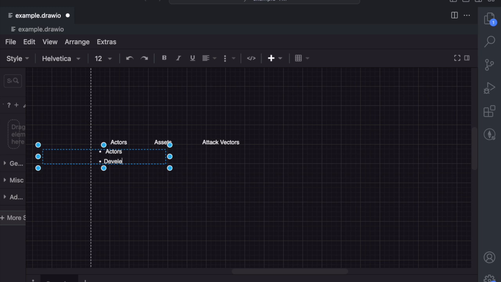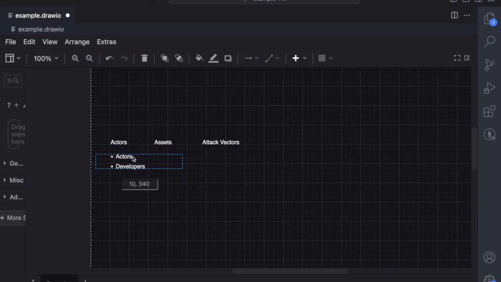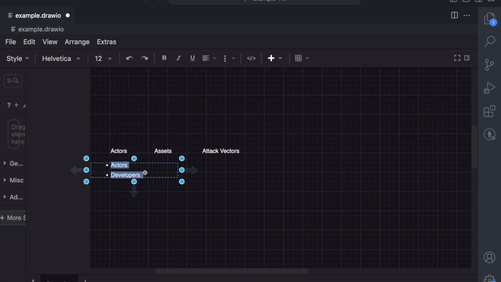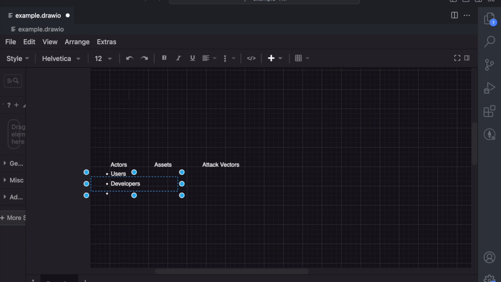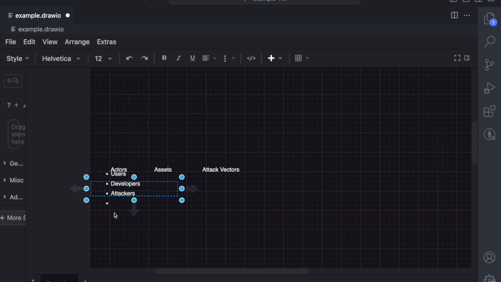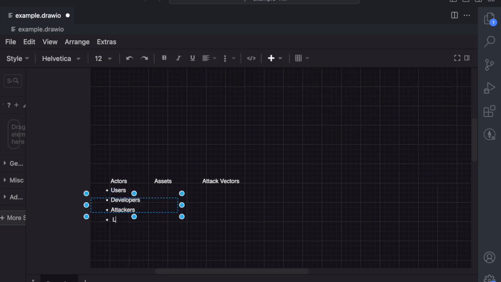I hate to have to deal with formatting for this. All right, so actors, and I meant to say users. Developers, we have attackers. We have liquidity providers.